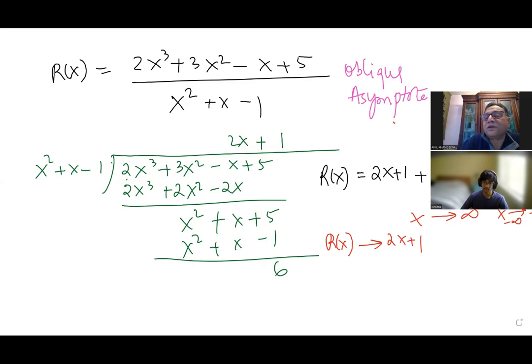Correct. Because this value approaches 0, correct? Yeah, correct. But remember, this is some positive value, correct? Yeah, correct. So that means as x approaches an infinitely large value, the function will approach from above because something remains. You get the idea? Yeah, correct.